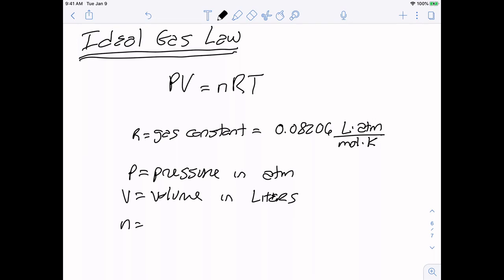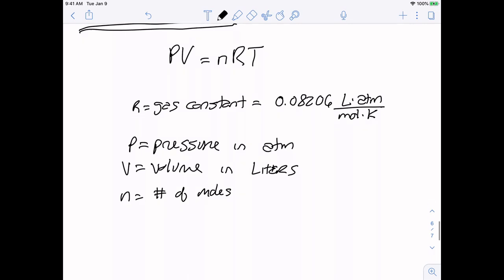N is the number of moles. It's always going to be moles. And then temperature needs to be in Kelvin. Our temperature for all of our gas law problems will always need to be in Kelvin. We can't have any negative temperatures in these problems, otherwise it doesn't work out. So temperature in Kelvin, always Kelvin.